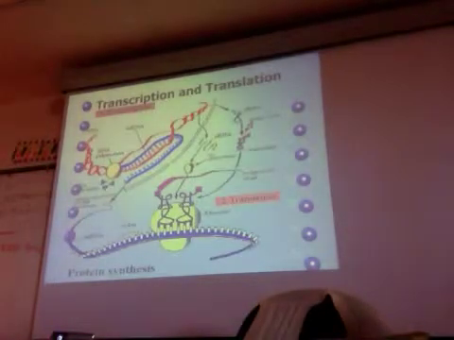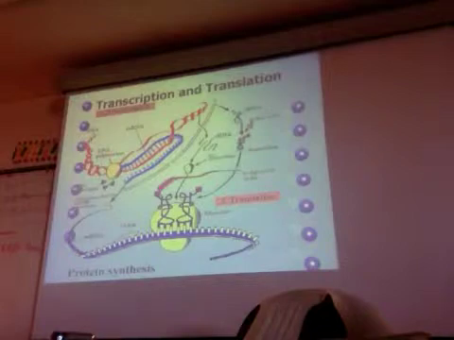All right, and here's a picture, and a picture's worth 1,000 words. This is a 2-dimensional representation of the overall process, starting with transcription. We talked about that yesterday. Transcription is just taking DNA through an enzyme called RNA polymerase and making mRNA. That's kind of it. We talked about that yesterday, and it has some rules. Yes, ma'am?